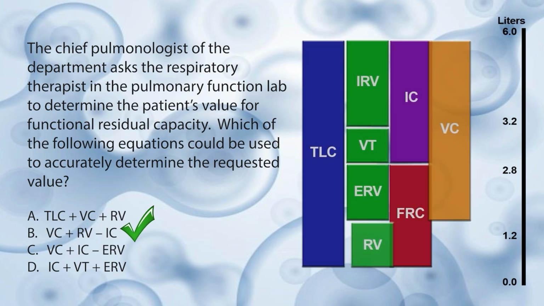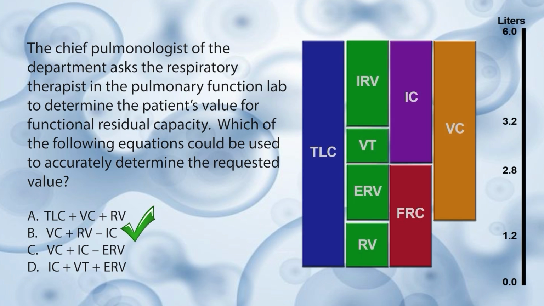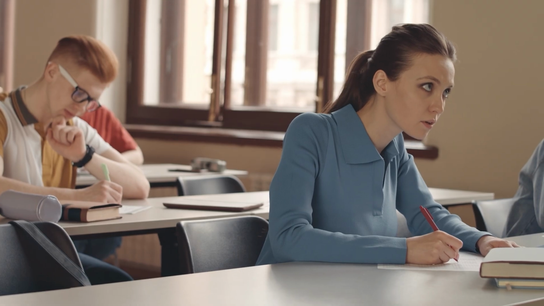Now, that takes a little practice, I know, and you should pause the video now and prove that C and D are also wrong by visualizing them. Just a little advice for you, especially if you're on the NBRC exam. Let's say you check out A and you think, that's not it. But then you look at B like we did, and we think that's the one, and that's the one that'll work. And guess what? That's the one, so it's still good practice to check out the other options just in case.